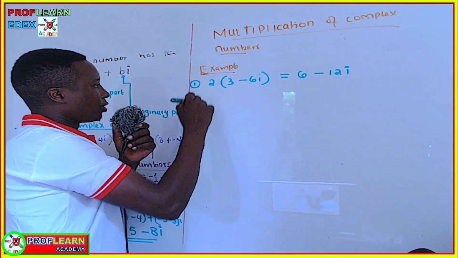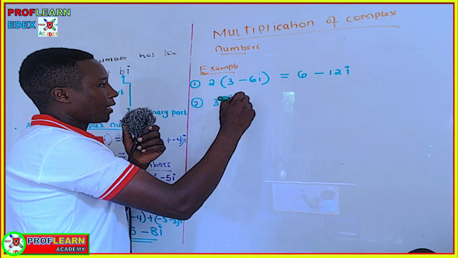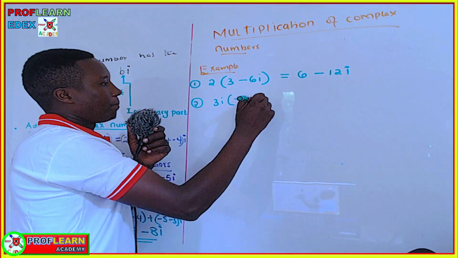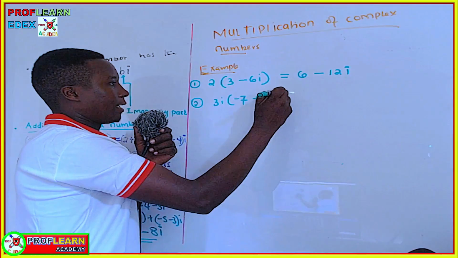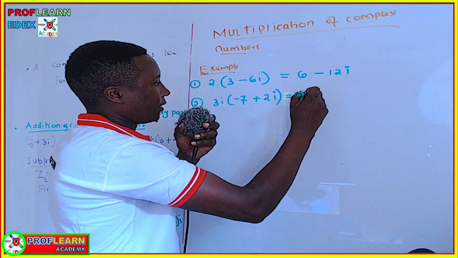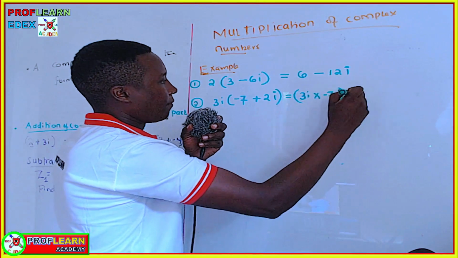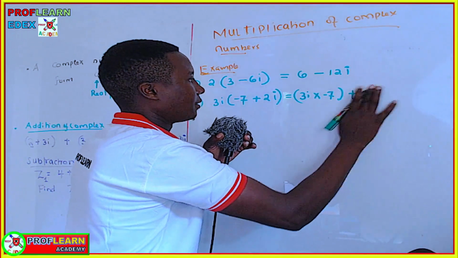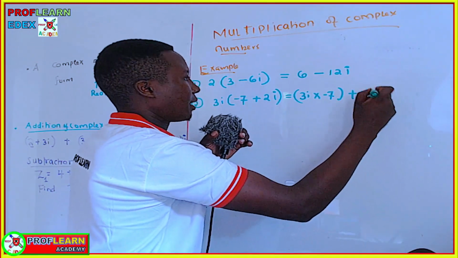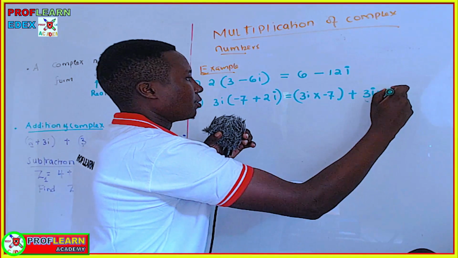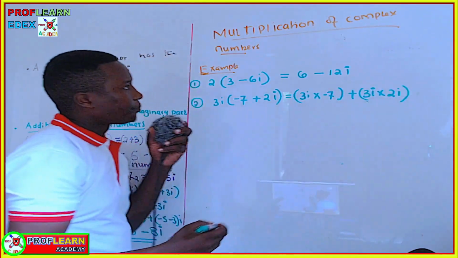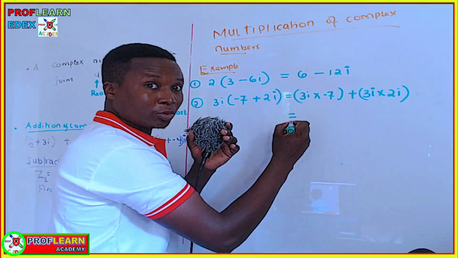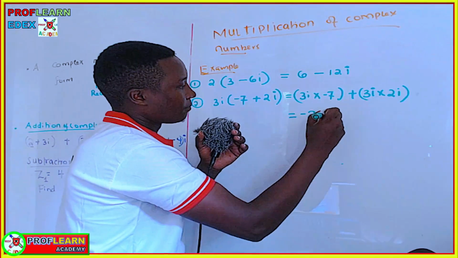But in the event you have 3i multiplied by (negative 7 plus 2i), we are going to say this is 3i times negative 7, plus 3i times 2i. If we multiply 3i times negative 7, that's going to give us negative 21i.